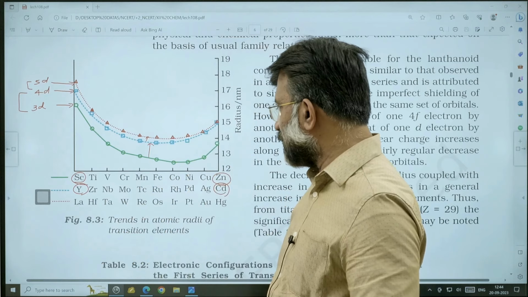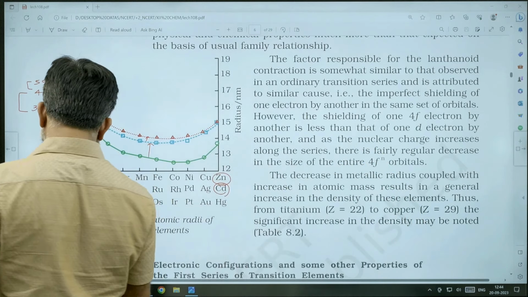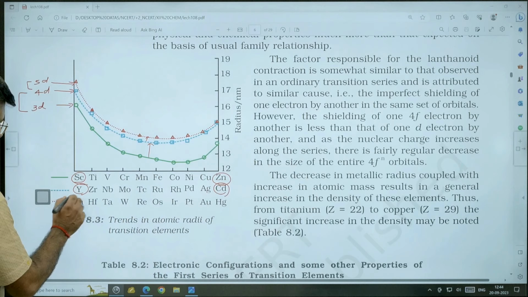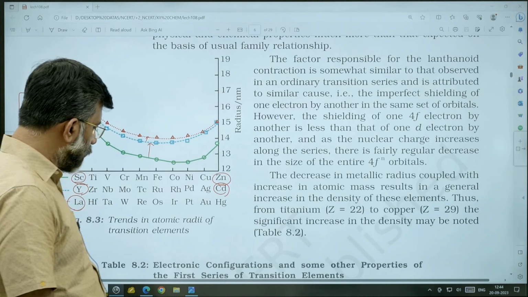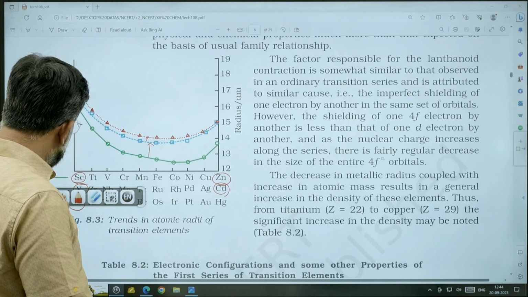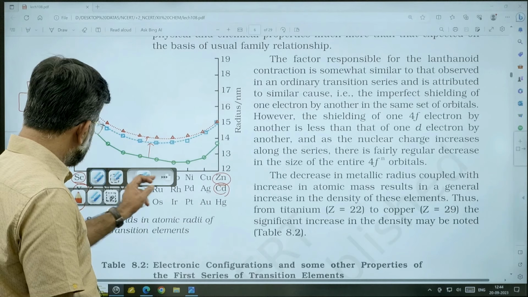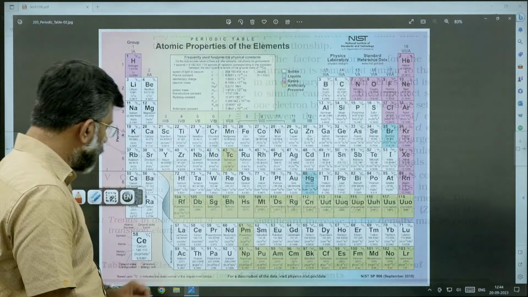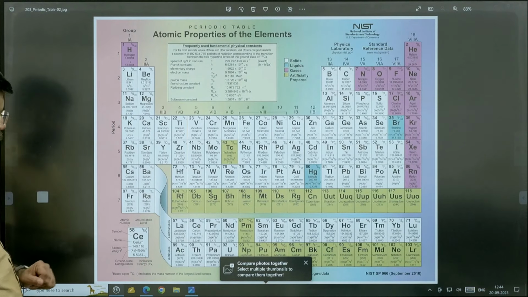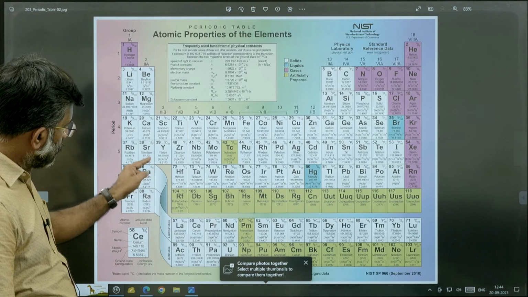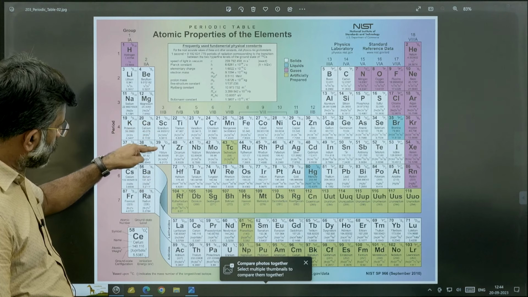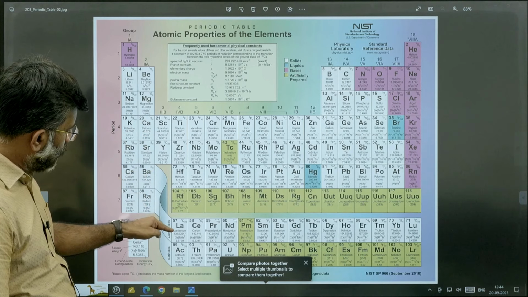What is the reason? The reason is attributed to, all of you know, what happens after lanthanum. I am talking about the 5d series. After lanthanum, what is happening? There are 14 elements, which we have already discussed. After lanthanum, you see this is the first series 3d, 4d series, and this is the 5d series.